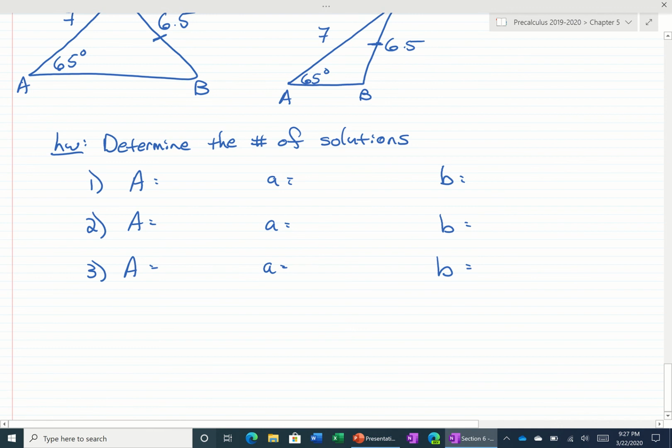They're going to look like this. Angle A is 80, 65, and 70. Side A is 7.5, 8.5, and 10.5. And then for side B, 8, 9, and 10.